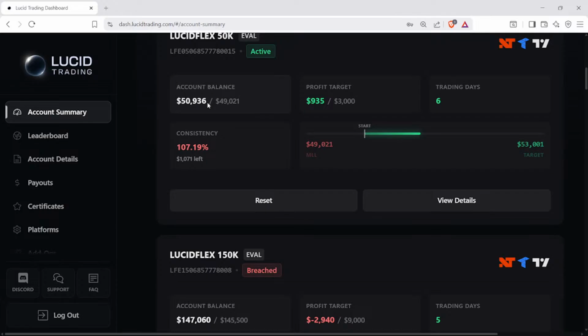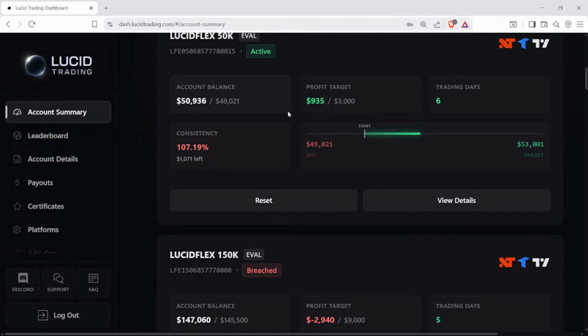Sometimes it works in my favor when I lose and I'm only losing on one account, and I'm glad I didn't have the copy trader on. But then sometimes I made $1,000 in one trade and my copy trader wasn't on, so I didn't get that $1,000 in the second account.